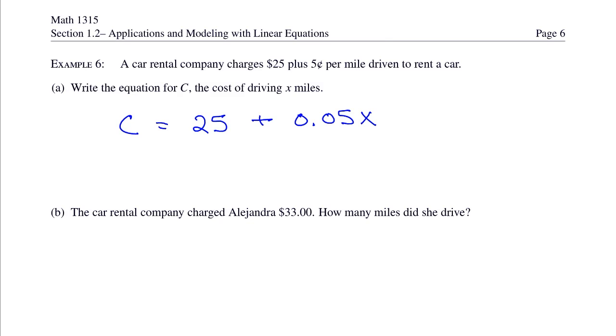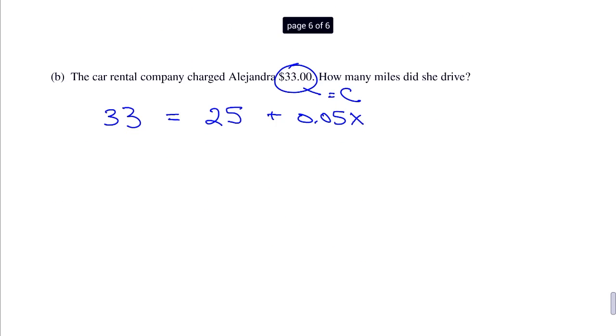Part B, the car rental company charged Alejandra $33. How many miles did she drive? Well, the $33 must be equal to the cost that it cost to rent the car. So we'll set that equal to C here. So 33 is equal to 25 plus 0.05x. And then we'll solve for x.